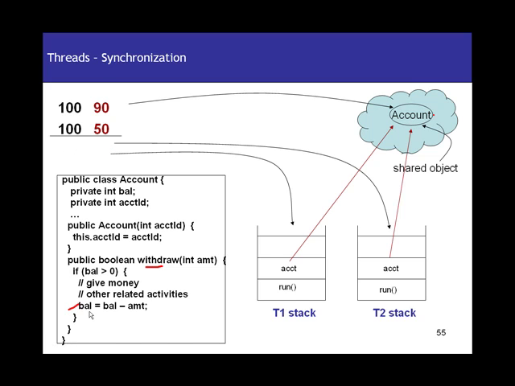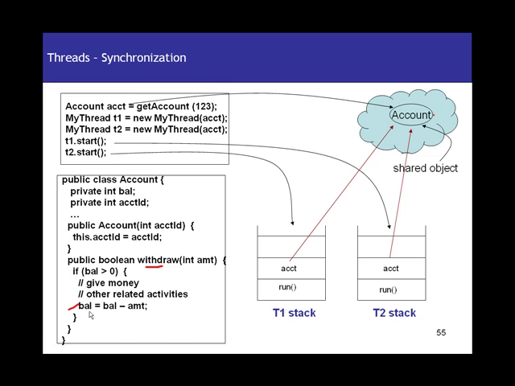Here we needed synchronization because I'm accessing the same account object in both T1 and T2, right? But let's say that T1 was trying to access accounts 1, 2, 3 and T2 was trying to access accounts 3, 4, 5, for example.